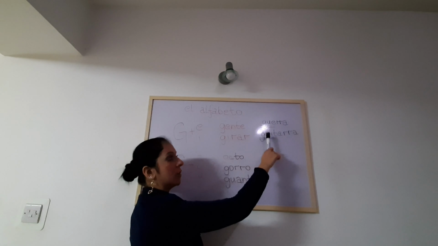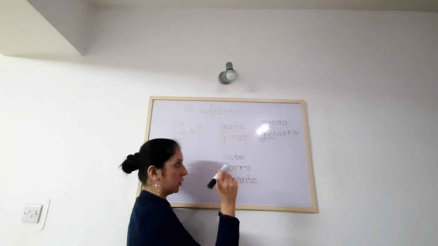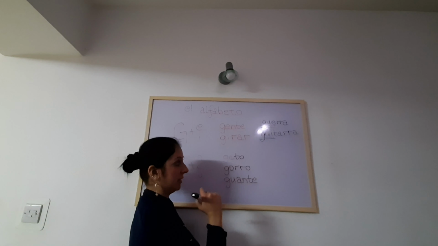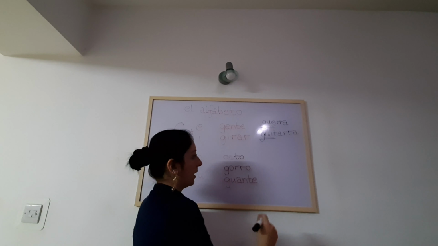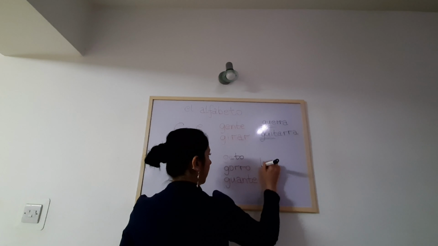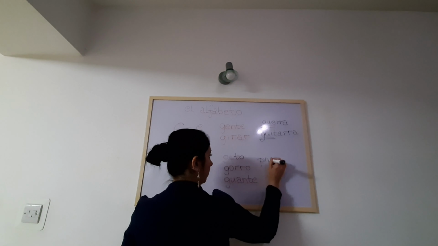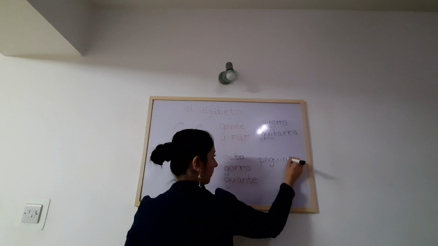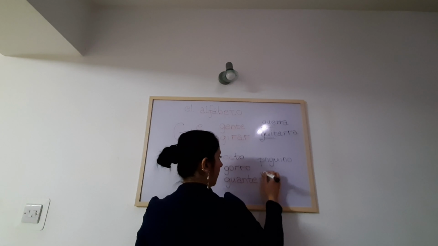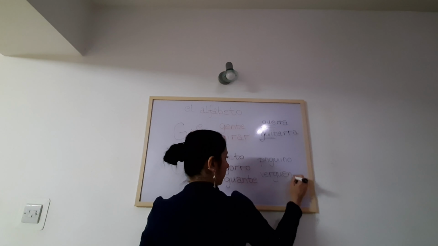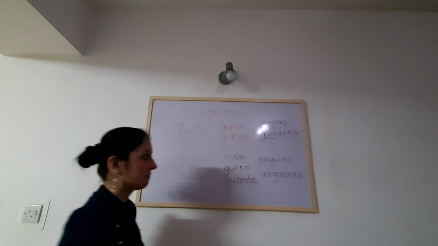Now, to have even the U pronounced, you will put two dots above the letter, which is called diéresis in Spanish. For example, the word penguin, or in Spanish, pingüino, or vergüenza, shame.